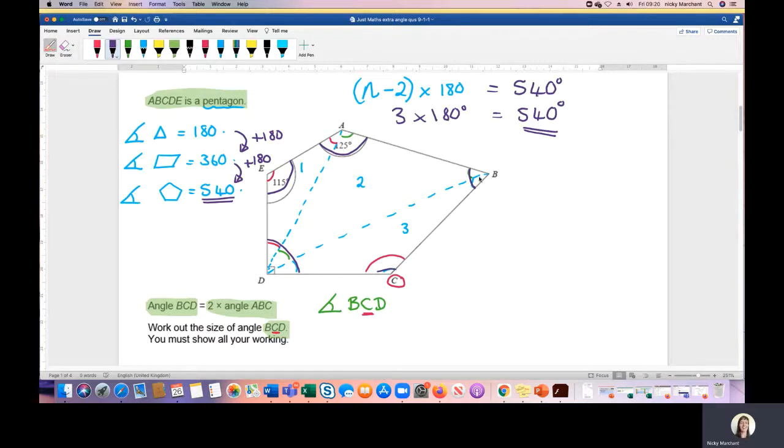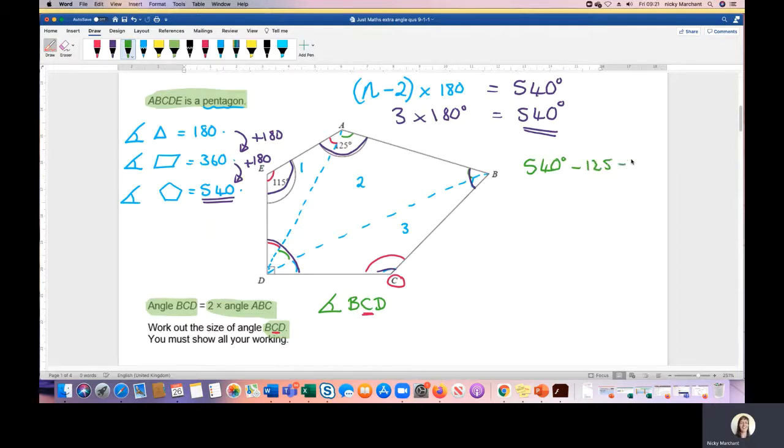Okay, so we're trying to find this angle down here. We've got a missing angle here. So the first step is to use our total of 540. Take away the 125.